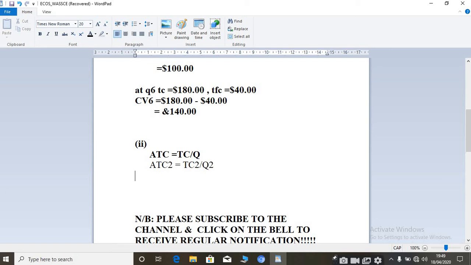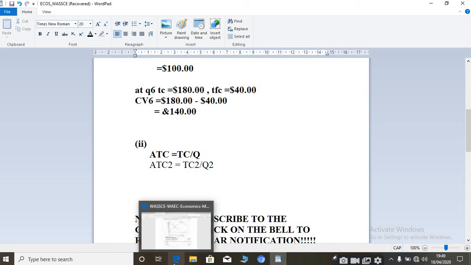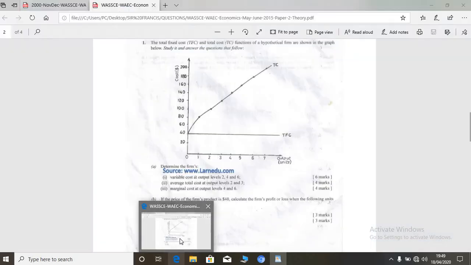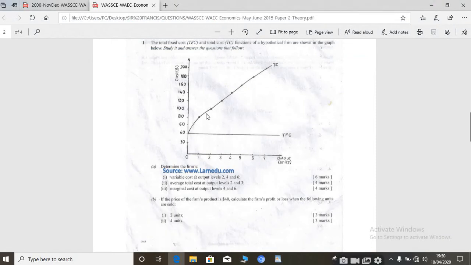Let's go back to the question, or the graph, and let's see the total cost at Q2. From the graph, what is the total cost at Q2? This is the quantity section, the output, and this is the cost of producing those outputs.